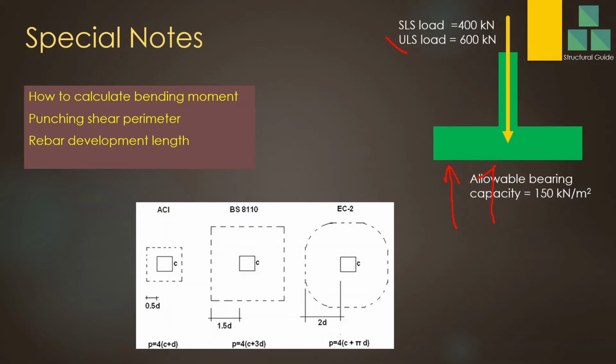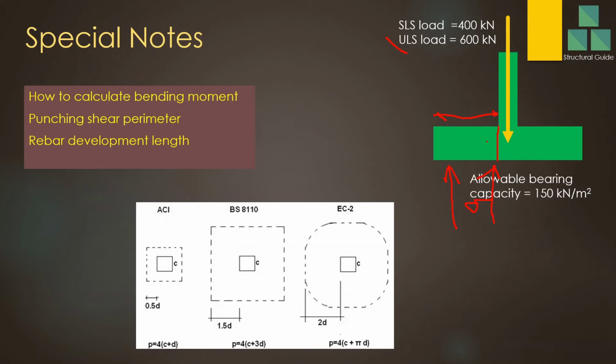How can we calculate it? We calculate the bending moment at the face of this edge. You know this distance here, and you know the pressure. Now you can calculate the bending moment. You can consider a 1 meter strip. Then with that you can calculate the bending moment at the face of the column. If you know the bending moment, you can calculate the reinforcement based on your standard.